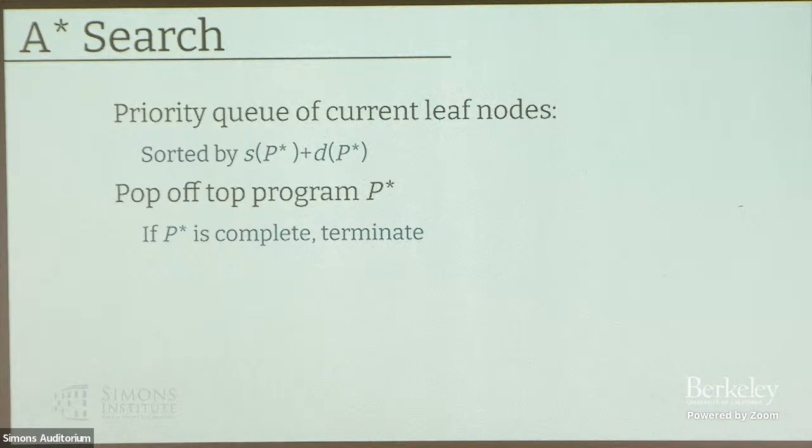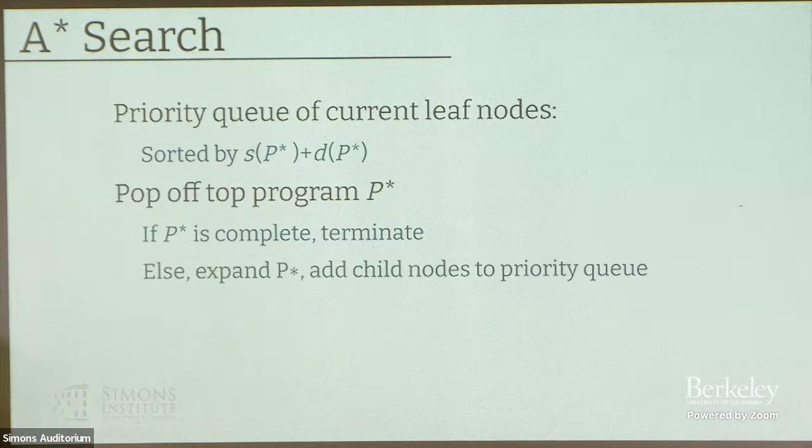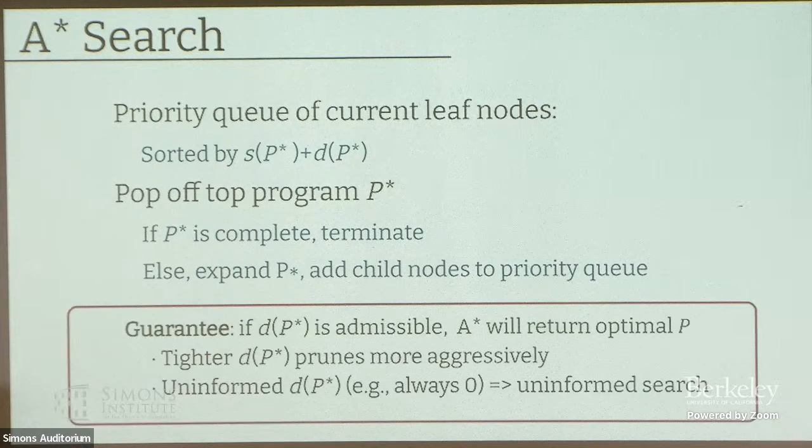And if this program is already a complete program, it means that none of the other programs has any chance of ever giving me a better score than this program. Again, under those fairly strong assumptions, right? But if it's not a complete program, I can expand it. I can evaluate all those nodes. I can put it in the priority queue.